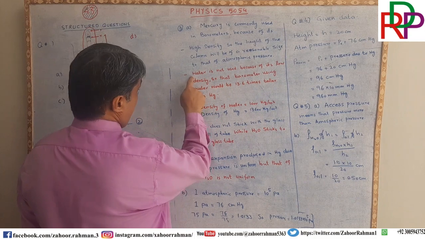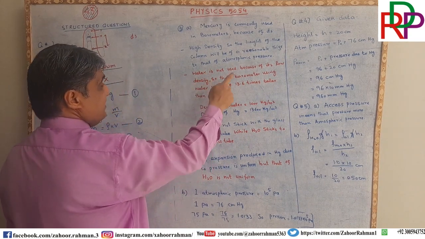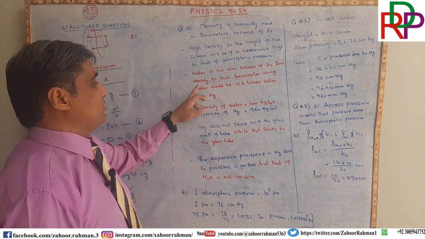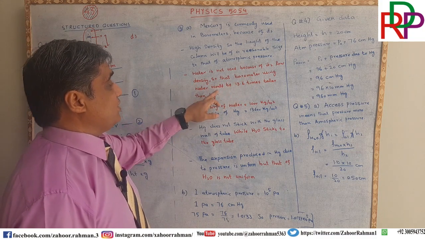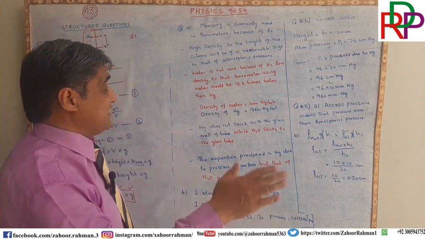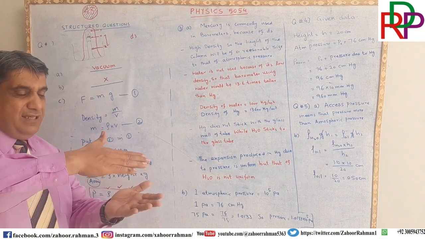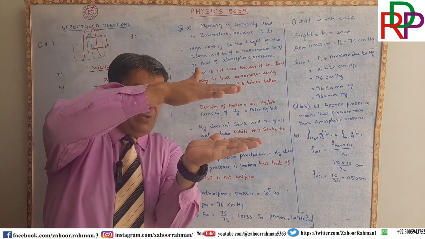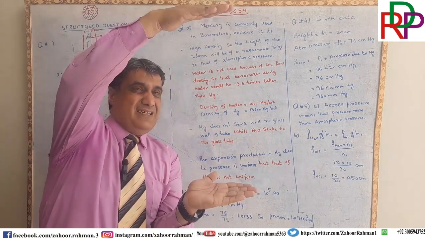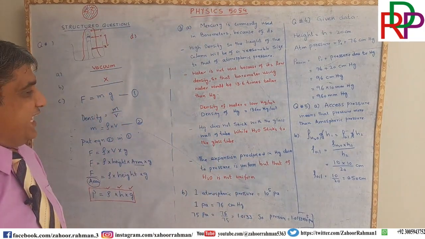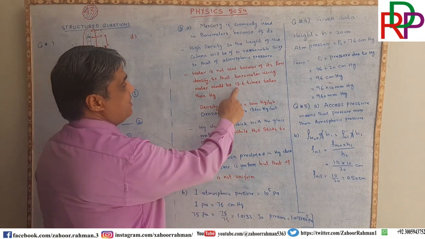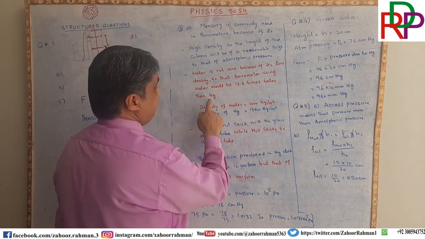If we are using water, then what will happen? Water is not used because of its low density. A barometer using water would be 13.6 times taller, which is very big. If the mercury barometer is of this size, then the water barometer height will be more. Why 13.6 times taller than Hg?